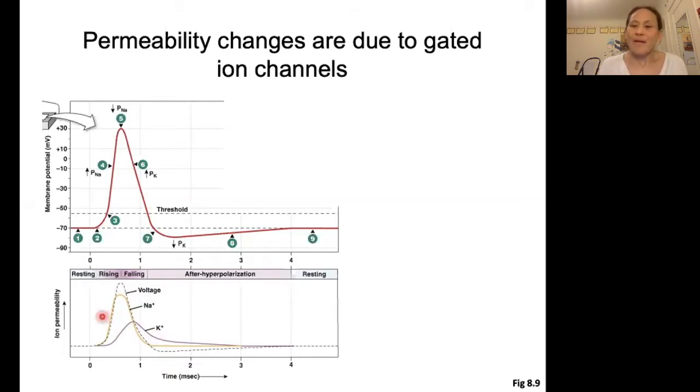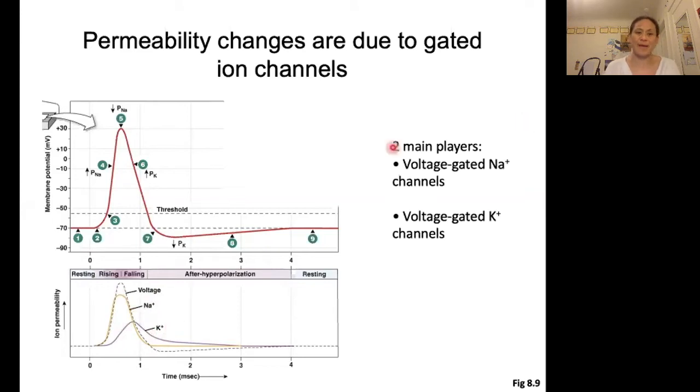So these permeability changes are due to the gating properties of our sodium and our potassium channels, okay? The changes in permeability are due to the gating, the opening and closing of those channels.